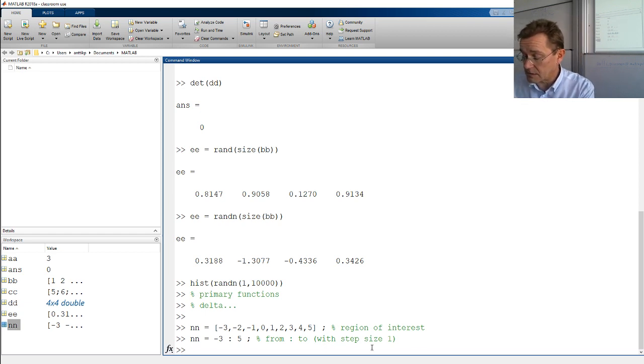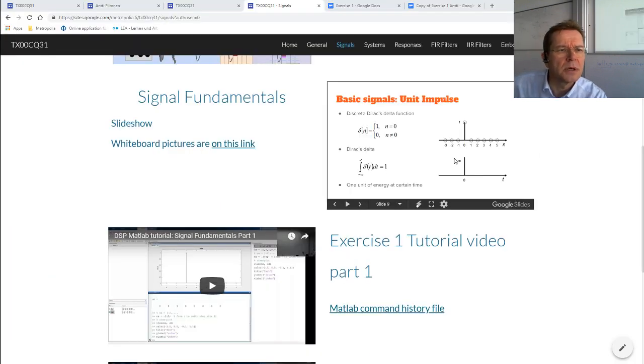Then we can make the delta. Delta equals... okay, how does it go? Delta is 1 when n equals 0 and otherwise 0.